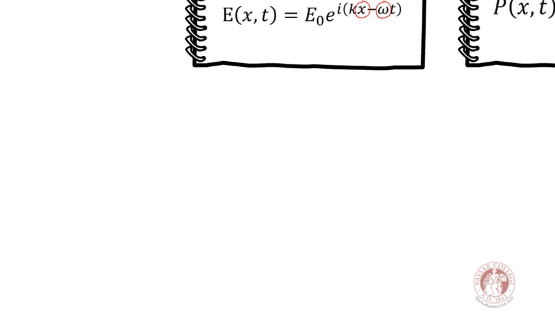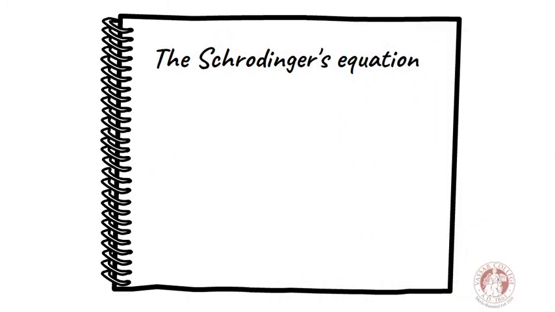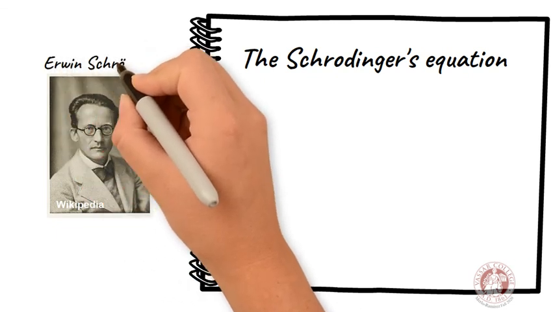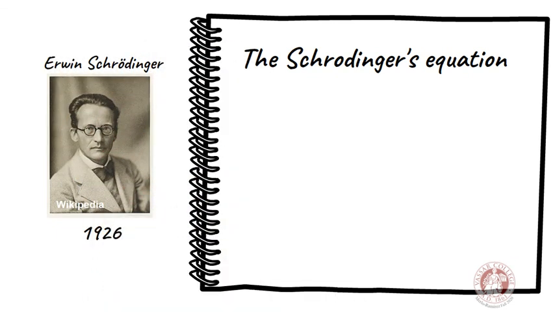Actually, the way to find the wave functions is by solving the so-called Schrödinger's equation. The Schrödinger's equation is one of the fundamental pieces of the quantum theory. As its name states, it was proposed by Erwin Schrödinger in 1926.